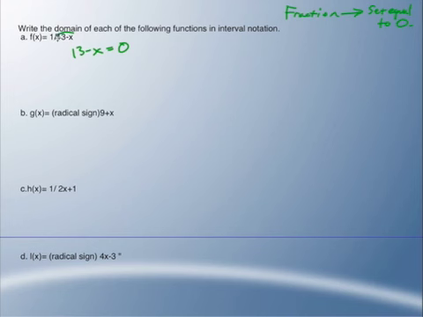I'm setting this part equal to 0. And the reason why we're doing all that is because we want to be able to see when we get 1 over 0, because this 1 over 0, remember, means undefined.